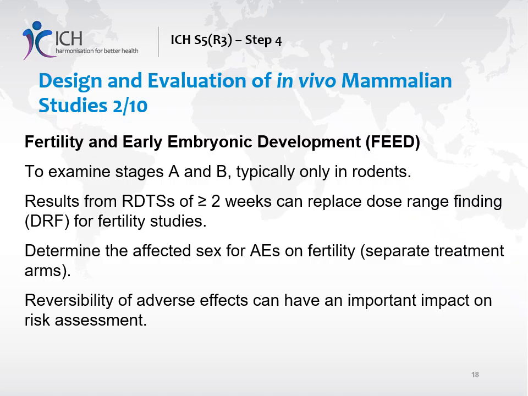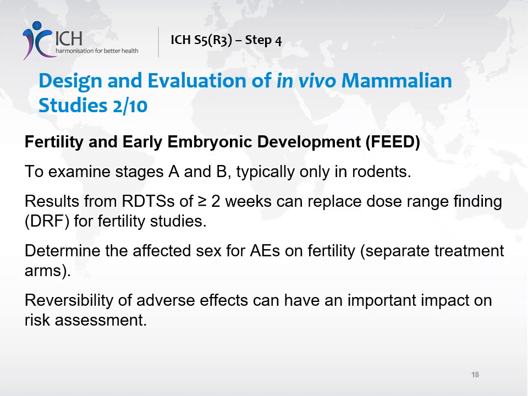If no adverse effects on fertility are anticipated, both sexes can be treated and cohabited together in the same study. If effects on fertility are identified in the study, the affected sex should then be determined. In contrast, if adverse effects are anticipated based on mode of action or on the results of repeated dose toxicity studies, each treated sex can be cohabited with untreated animals of the opposite sex.